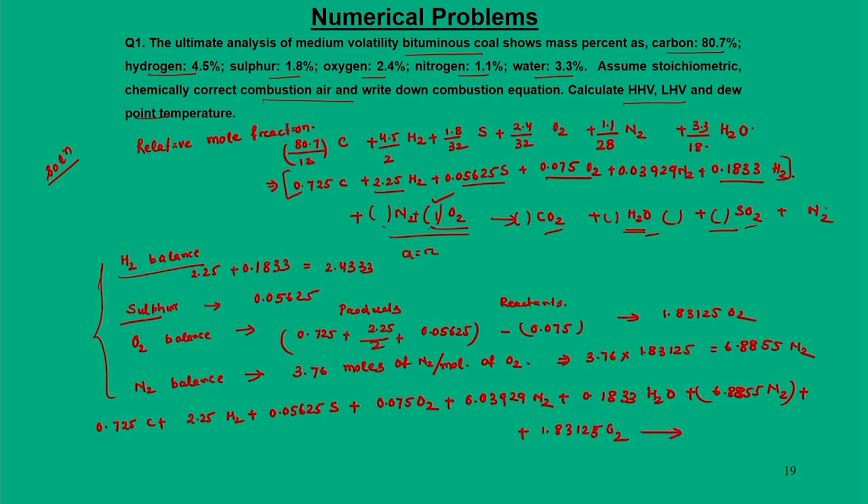This gives products like these: 0.725 CO2 plus 2.433 H2O plus 0.05625 SO2 plus 6.92479 N2. So, this is the combustion equation.